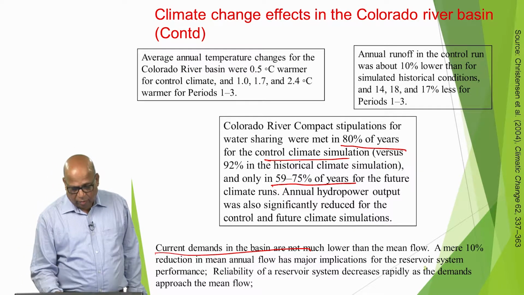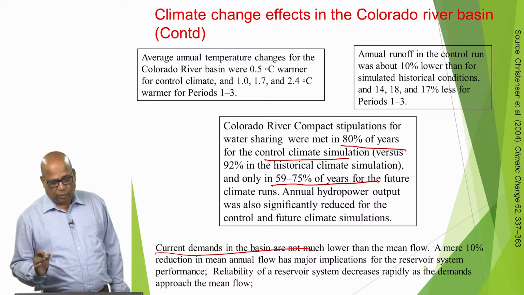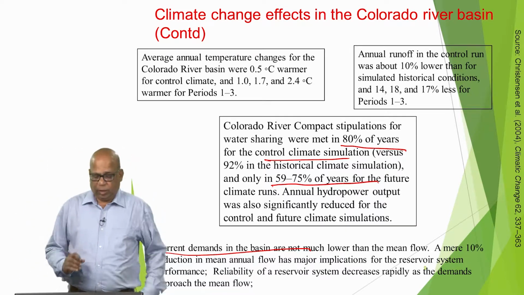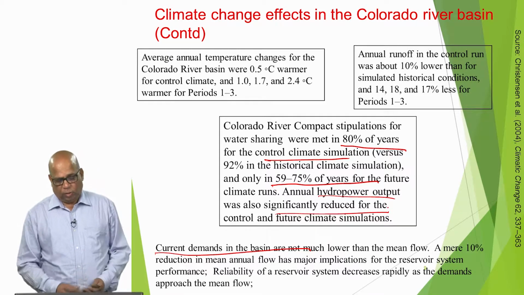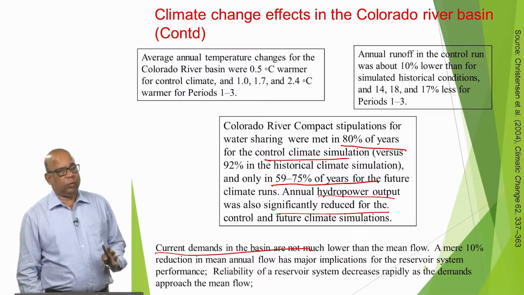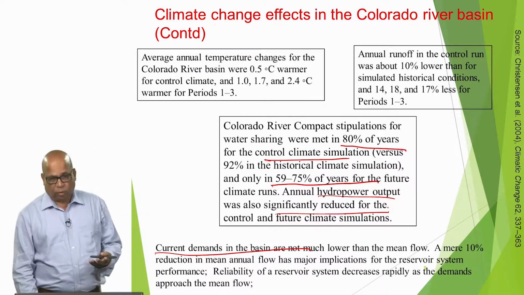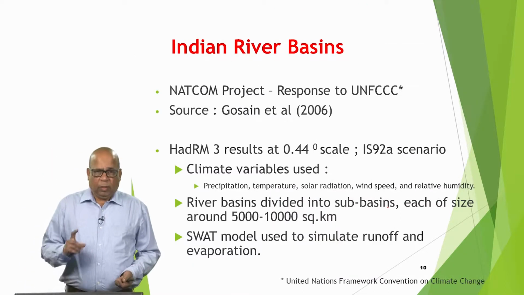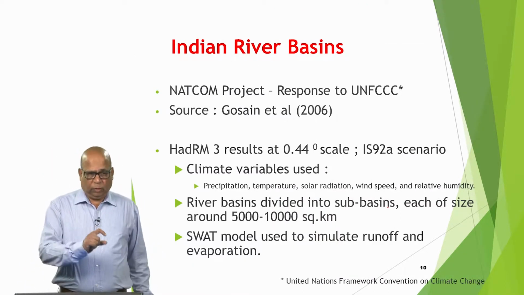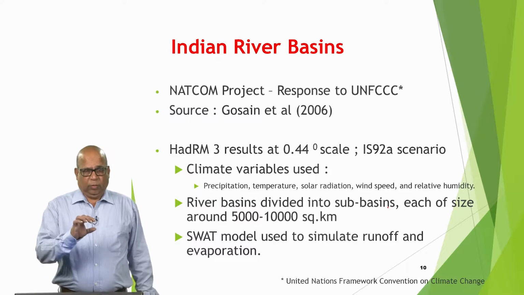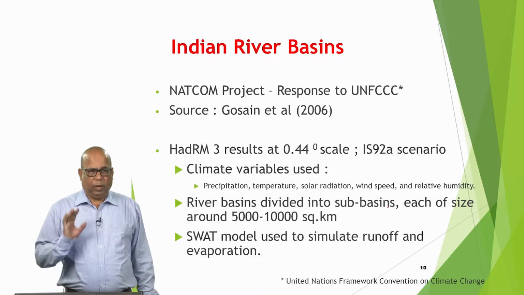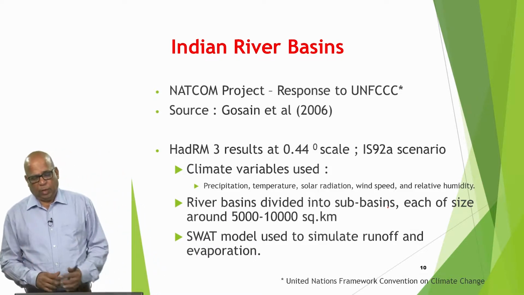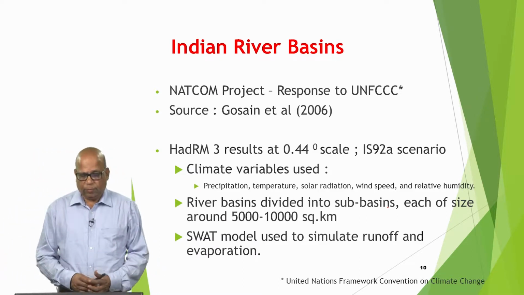Whereas, only about 59 to 75% of the years, which means that the water sharing gets affected, as well as annual hydropower output significantly reduced for all the future simulations and so on. So, these are the sort of inferences that you can draw. I would alert again that this was a preliminary type of study which used only one climate model and one hydrologic model, and then provided the projections.